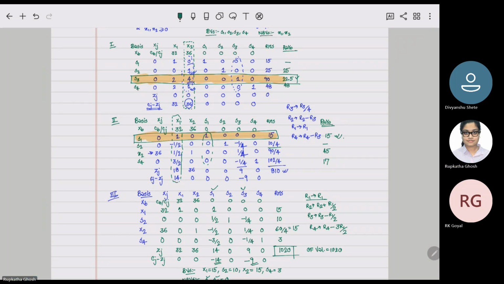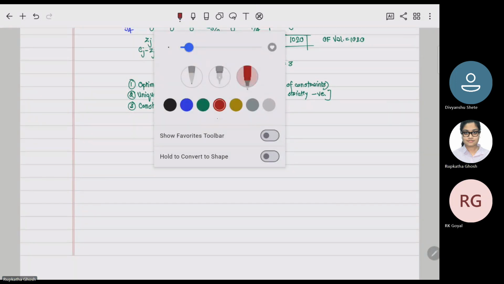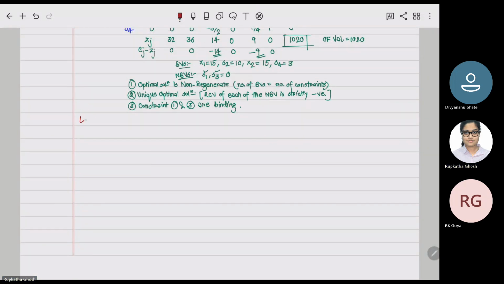Okay. Now we will try to apply sensitivity analysis. Our next topic is sensitivity analysis. So what is sensitivity analysis?